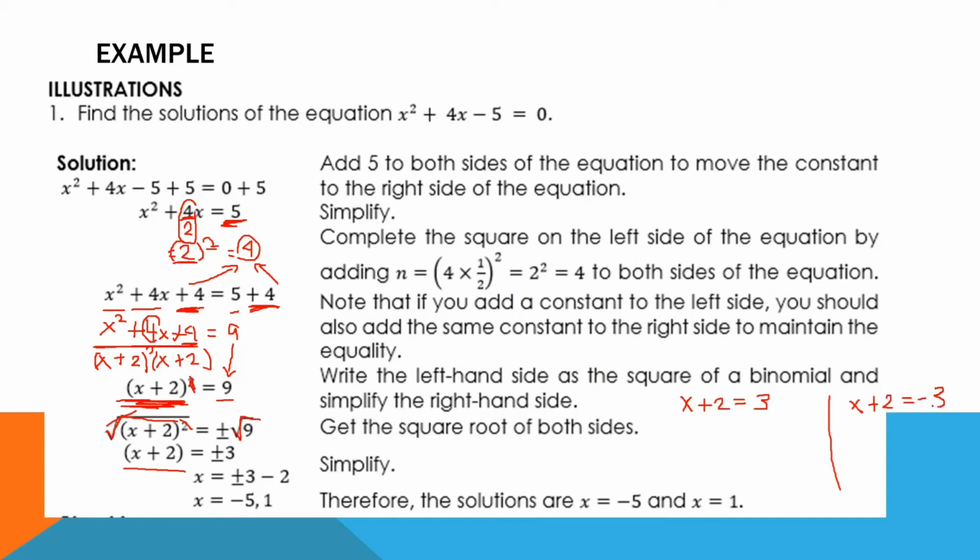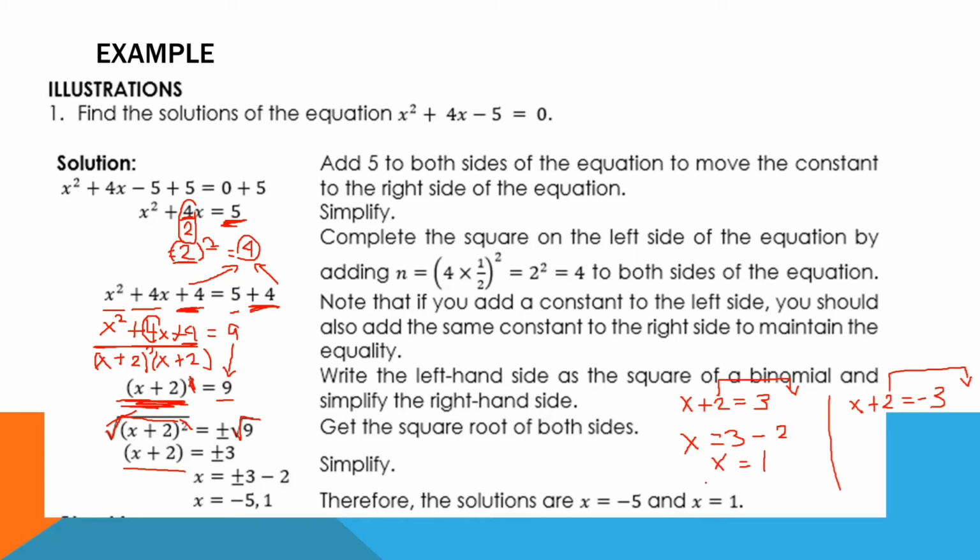So para makuha natin yung value ng x, we are going to transpose this to the other side, yung positive 2 natin, para makuha natin yung value ng x. So therefore, x is equal to 3. And then, pag tinranspose natin yung positive 2, magiging negative 2. Then, x is equal to, so 3 minus 2 is equal to positive 1.